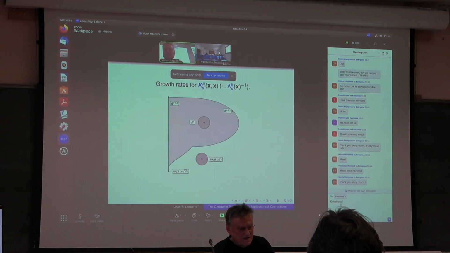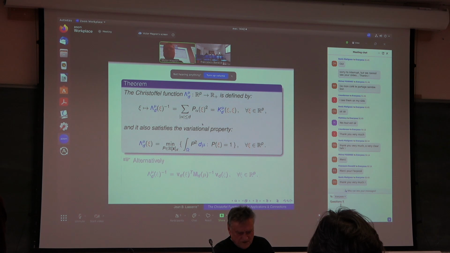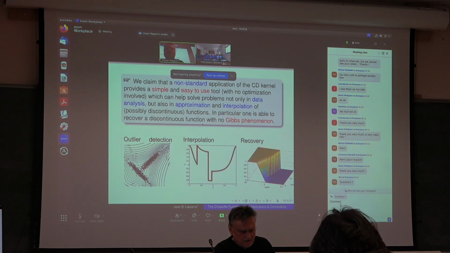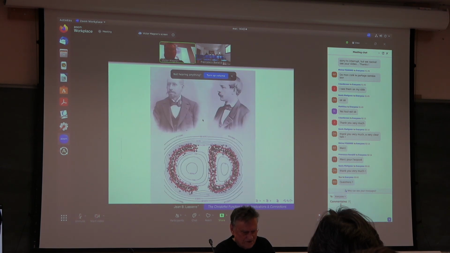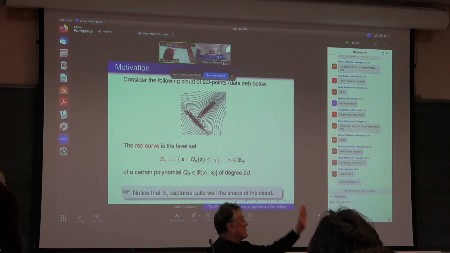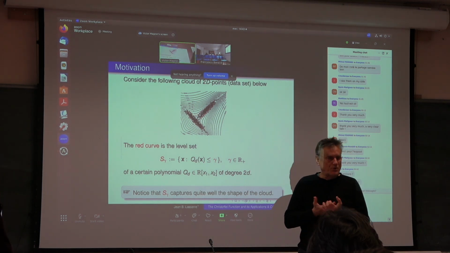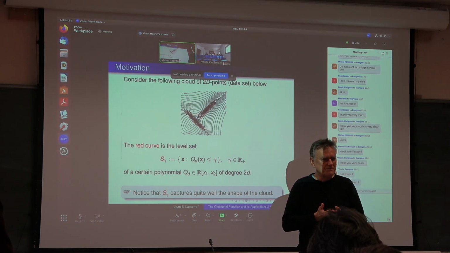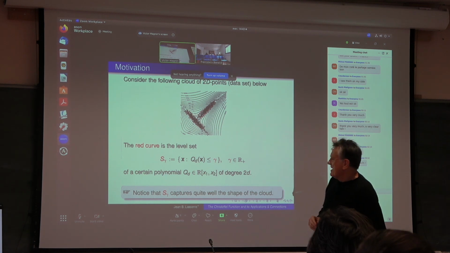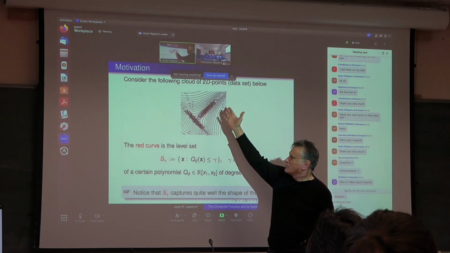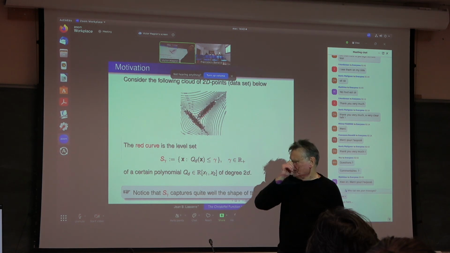Yeah, because as I said, if you look at this set, right, so here, you have your cloud of points, right? From this you compute your QD of X, okay? And we know that this is a Christoffel function of the measure mu supported on the cloud, okay?